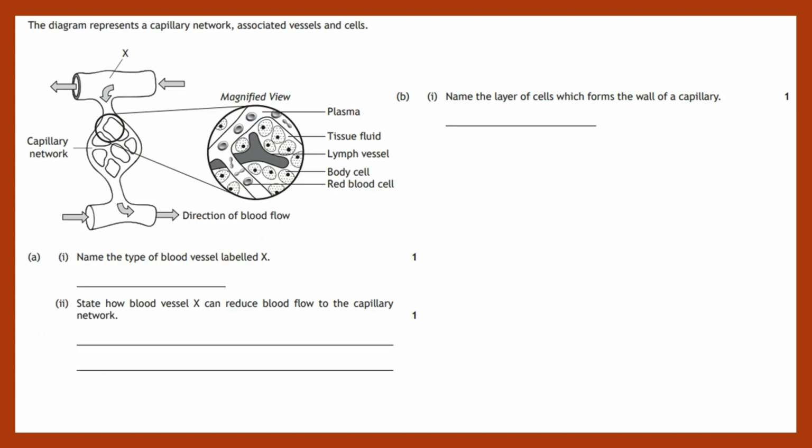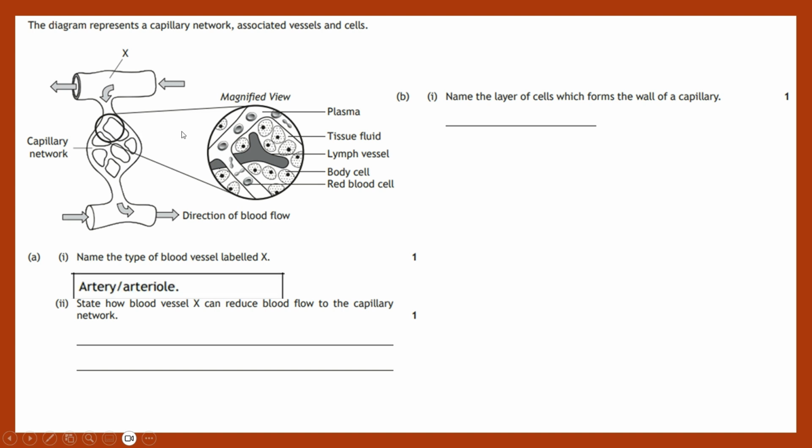So we've looked at the anatomy of the different vessels. So let's try a past paper question, pause the video and come up with your responses. So in this question, the diagram represents a capillary network, associated vessels and cells, and you've been asked to name the type of blood vessel labelled X. So if we look, we've got the capillary network here, and X is supplying the capillary network with blood.